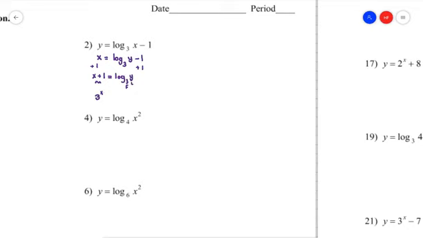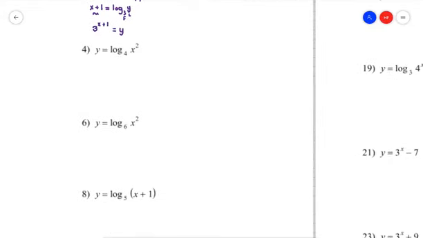So 3 to the power of x plus 1 is equal to y, so my inverse function is 3 to the power of x plus 1. So we see that the inverse to that log was an exponential.